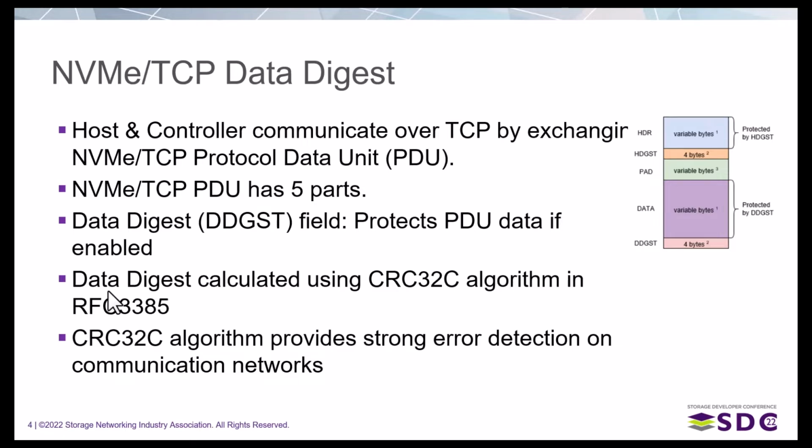The data digest is calculated using the CRC32C algorithm that's defined in RFC 3385, because the CRC32C algorithm provides strong error detection on communication networks.